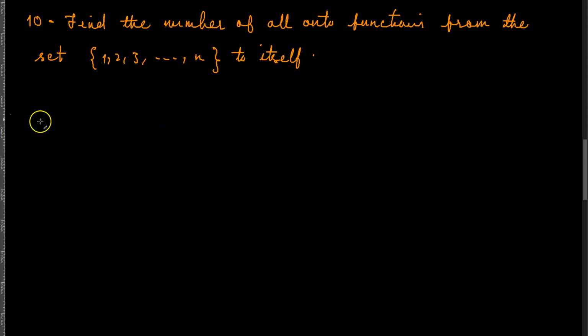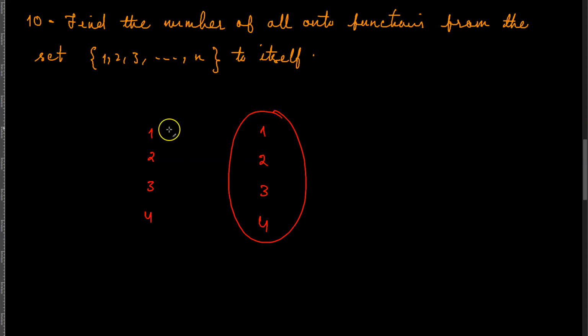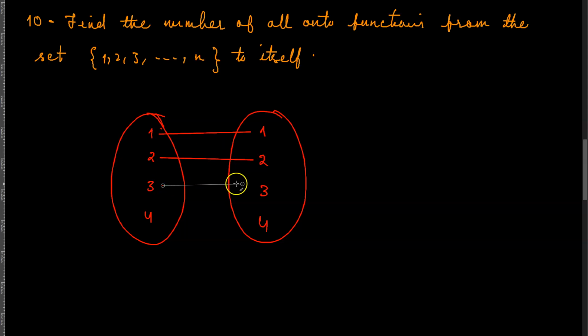Let's say that I have a set over here, for example, 1, 2, 3, and 4, and the same set, 1, 2, 3, and 4. Now, in order for this function to be onto, I have to do something like this, meaning that I map 1 to 1, 2 to 2, 3 to 3, 4 to 4.